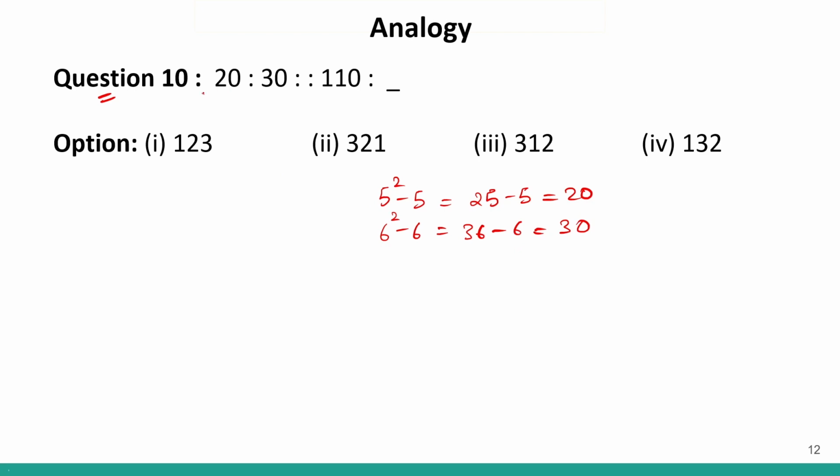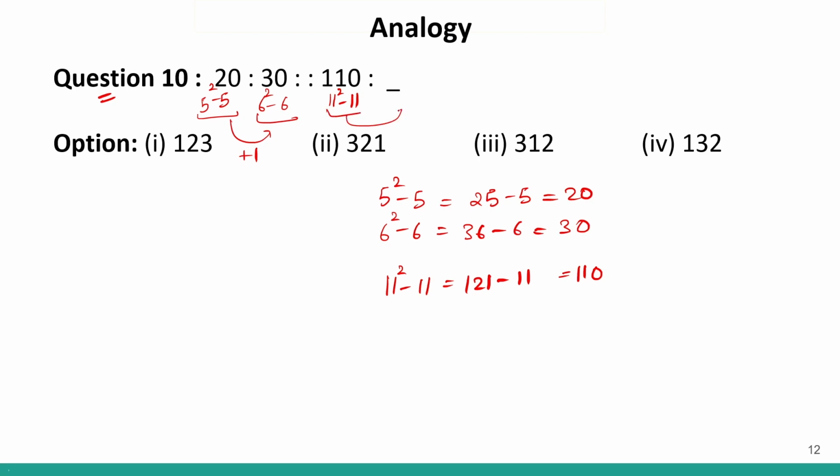Correct? So this can be written as 5 square minus 5 and this can be written as 6 square minus 6. Now when I look at 110, what is the value of 11 square? 121. And if I subtract 11 from it, I will get 110, correct? So this can be written as 11 square minus 11. Now if you see the relationship between 5 and 6, this is basically plus 1.